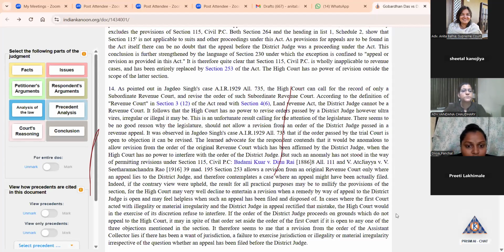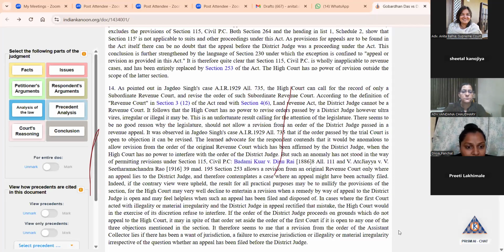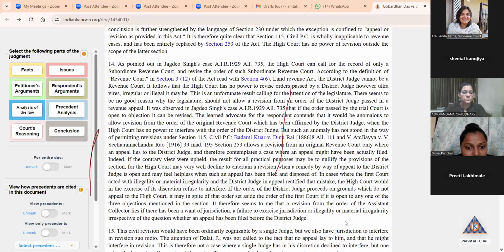For the High Court may very well decline to entertain a revision when a remedy by way of appeal to the district judge is open and may feel helpless when such an appeal has been filed and disposed of. In cases where the first court acted with illegality or material irregularity and the district judge in appeal rectified that mistake, the High Court would, in the exercise of its discretion, refuse to interfere.